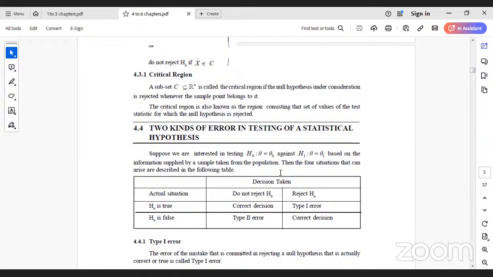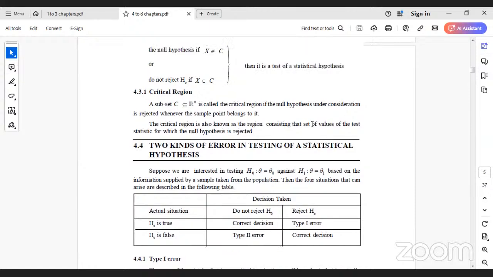Then the four situations can be described in the following table. So we are taking here the decision taken and the actual situation: H0 is true, H0 is false.